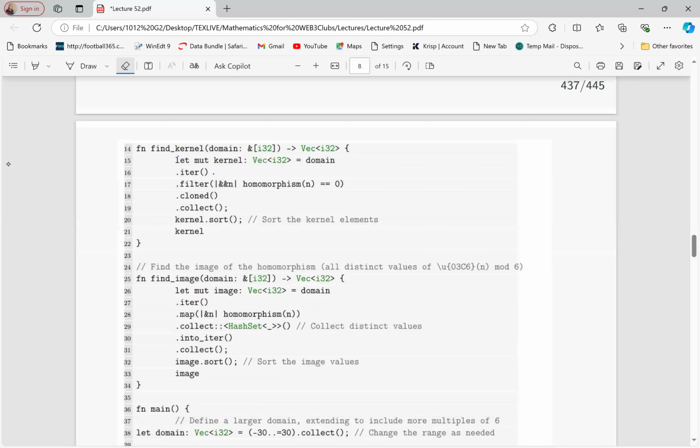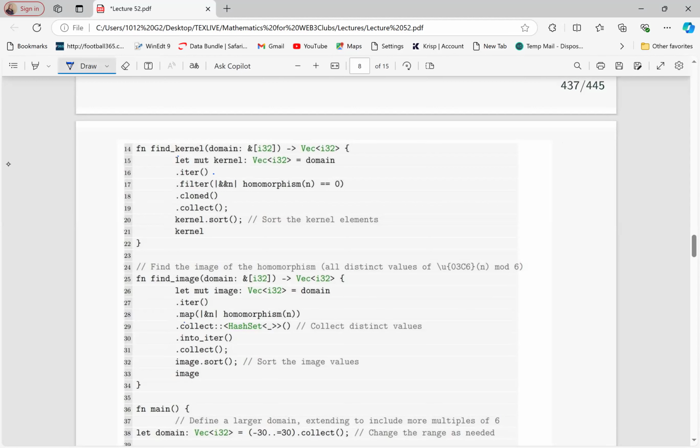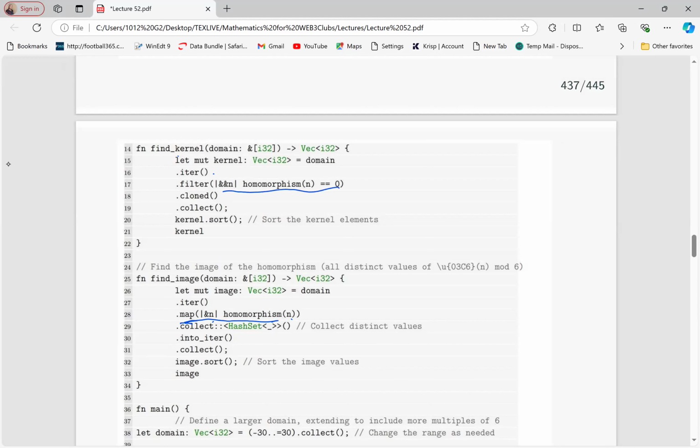But look at this: map n, homomorphism of n. The other one was filter.